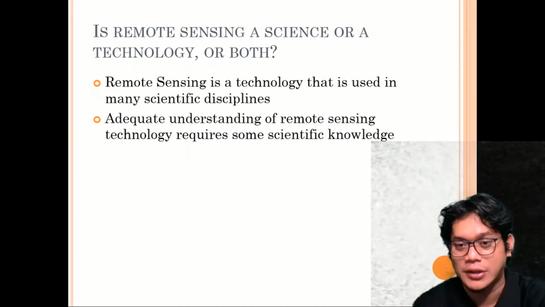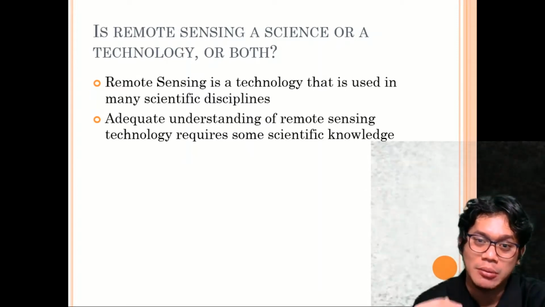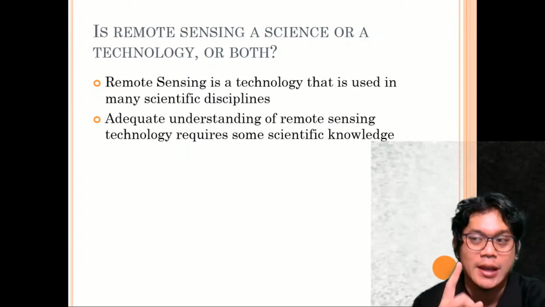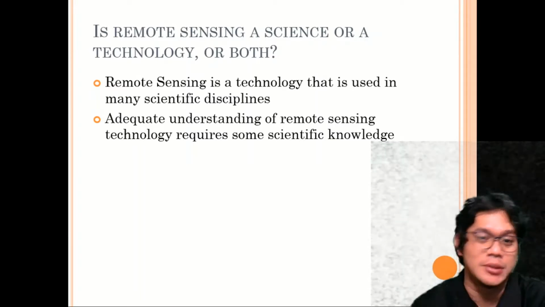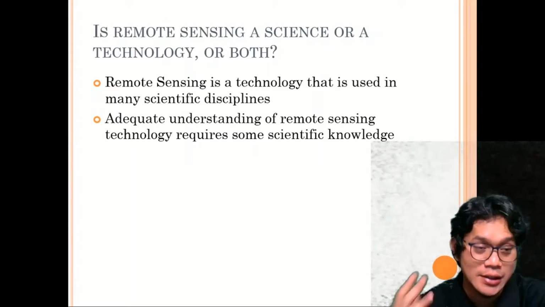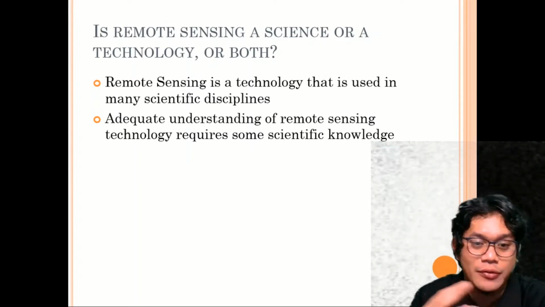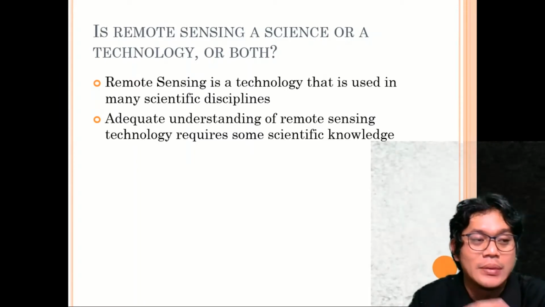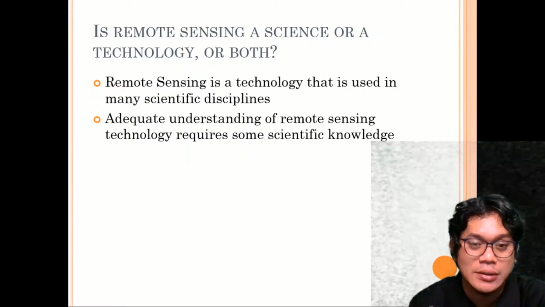Therefore, to understand remote sensing images, you must have proper scientific knowledge of that particular application. That's why we say that remote sensing is a tool, a technology. How you adapt the tool to your field of knowledge is up to you.